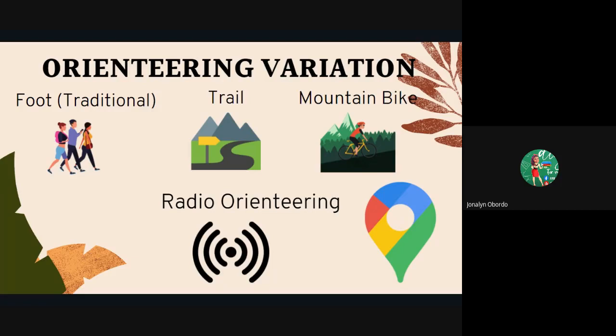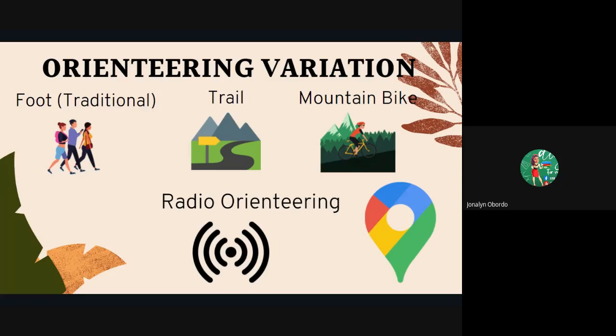Okay? So, another variation, my dear students, is through the use of a mountain bike. 'Di ba? Tatandaan niyo yung tinuro natin, parang week 3 yata yun, or week 4, we discussed about biking as a recreational activity. Now, we can incorporate biking here in the orienteering recreational activity.